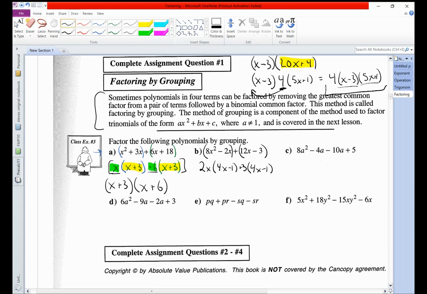I did it correctly because I can see that those binomials match: a 4x minus 1 and a 4x minus 1. So I can factor that out as the greatest common factor, and I'm left with 2x plus 3. Fantastic.